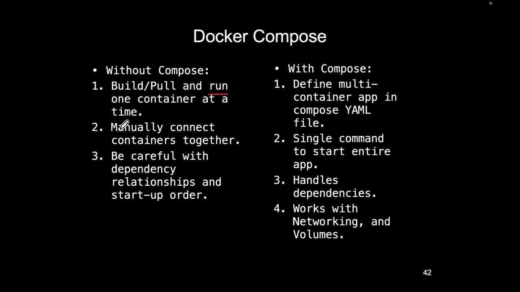Also, we have to manually connect the containers together. We have to create the network that they're going to use, and then make sure that we specify that --network option when we run them. Again, that's something we are responsible for every single time we want to start up our multi-container application.